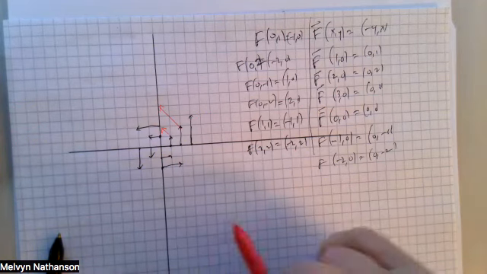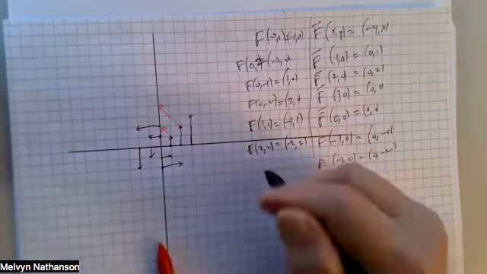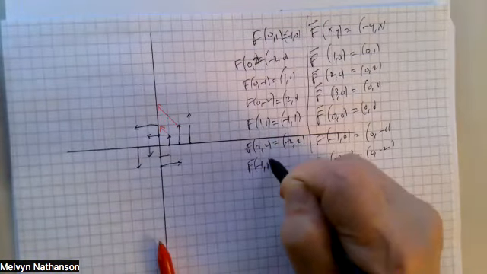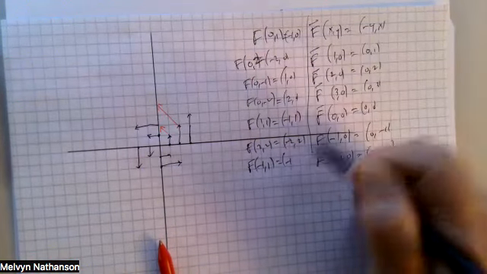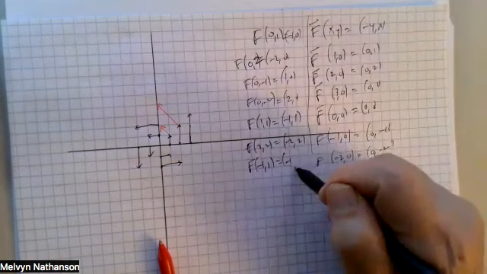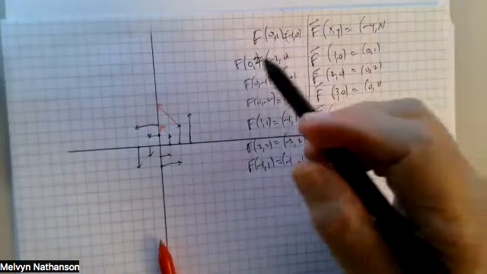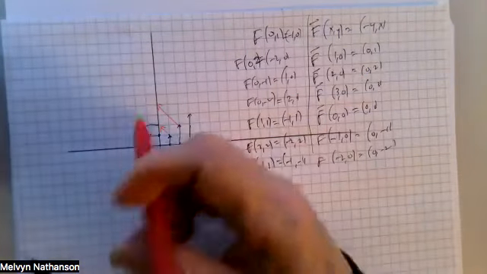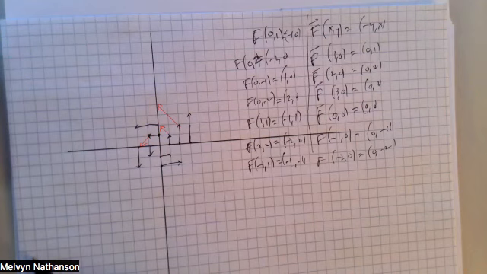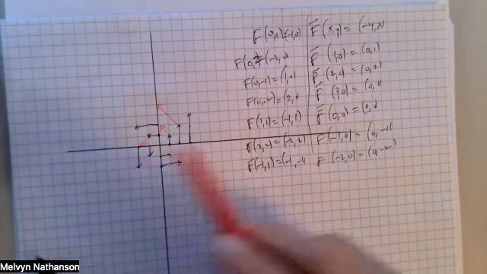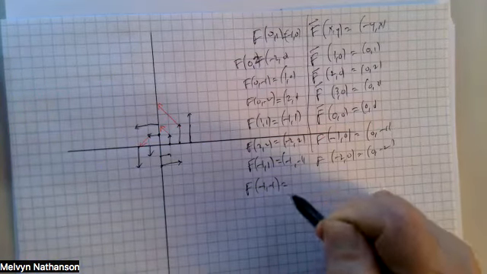What about F of minus 1, 1? When y is 1, minus y is minus 1. And when x is minus 1, this is minus 1. So at the point minus 1, 1 here, the vector is minus 1, minus 1. What about F of minus 1, minus 1?